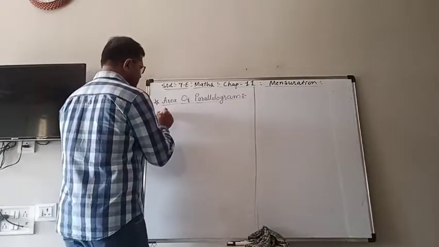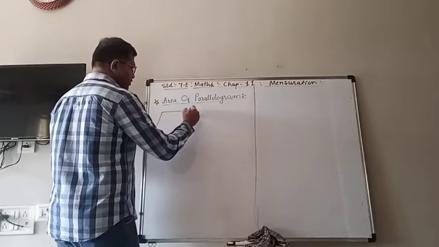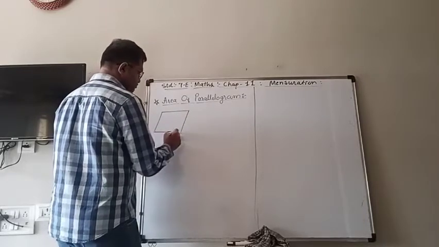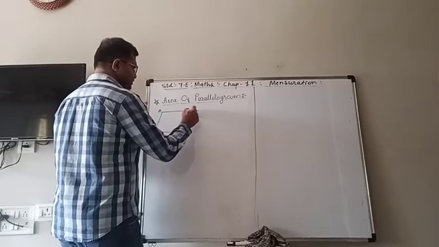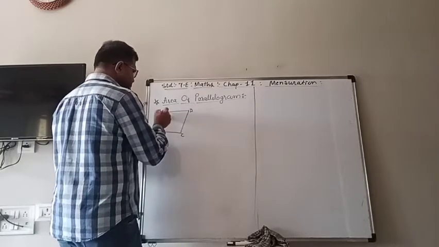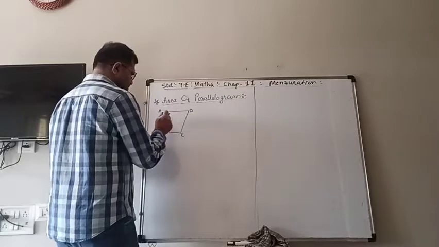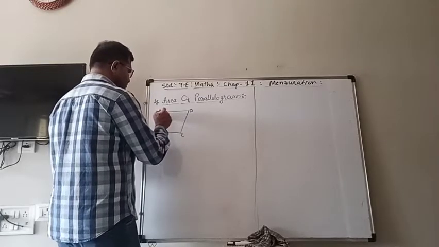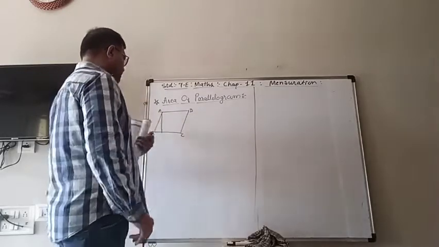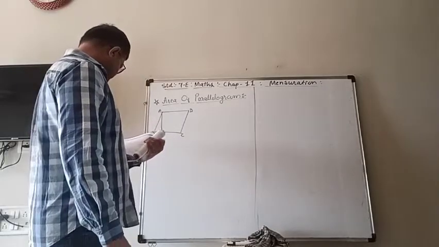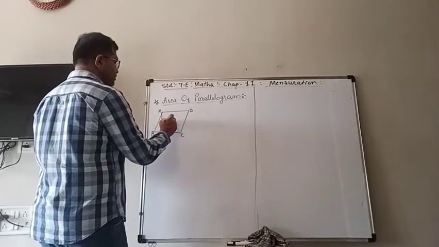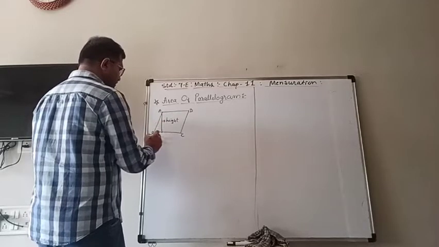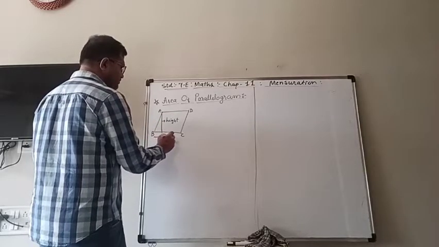So if this is a parallelogram ABCD and we take BC as the base, then we must have the altitude. The altitude must be drawn here, and that is known as the height.